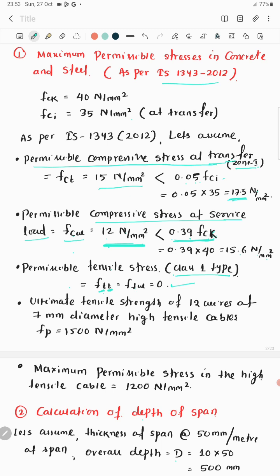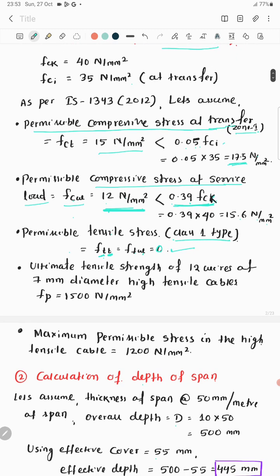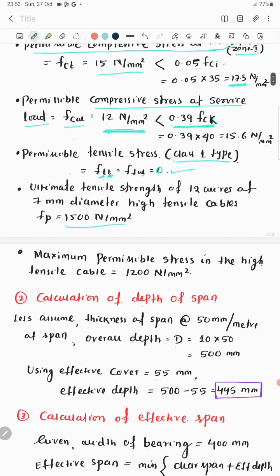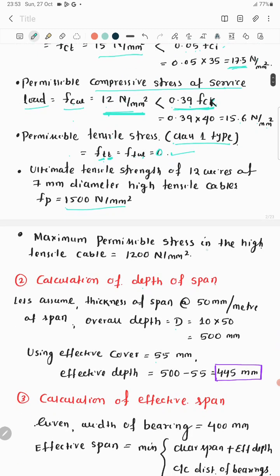Similarly, the FTW value, that is your permissible tensile stress at service, is also taken as 0. The ultimate tensile strength of 12 wires of 7 mm diameter high tensile cables, that is FP, is given 1500 Newton per mm square. The maximum permissible stress in the high tensile cable is given 1200 Newton per mm square.